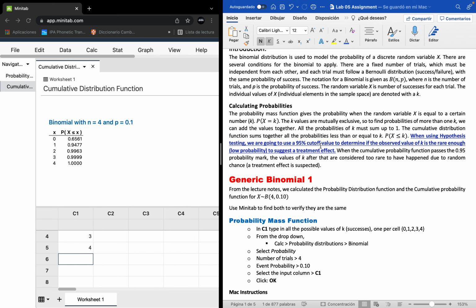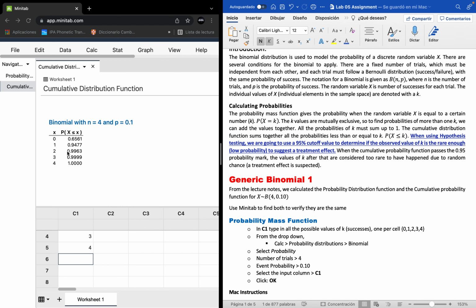You have to go to the cumulative distribution, and essentially try to identify the number of successes such that the cumulative is greater than 0.95. Notice the cumulative for 0 is 0.6561. The cumulative for 1 is 0.9477. We haven't reached 0.95 yet. So the number 2 is more than 0.95, but this is the best we can do right now because we don't have a value exactly for 0.95.